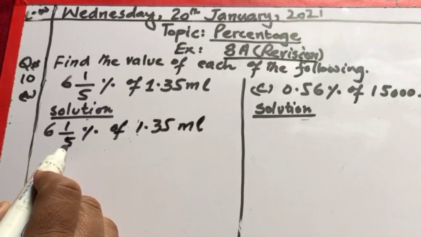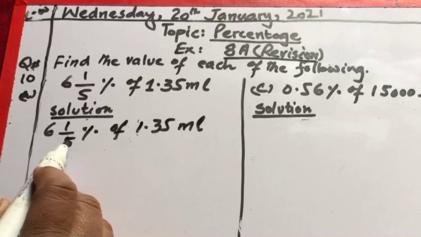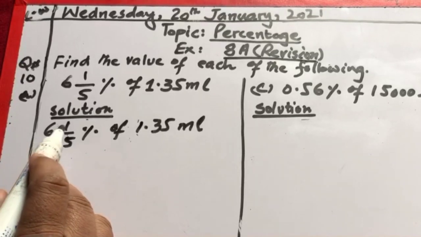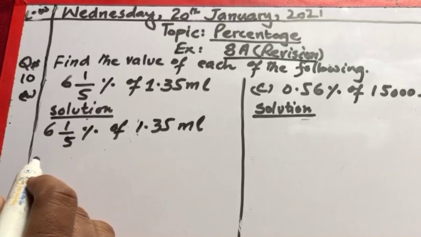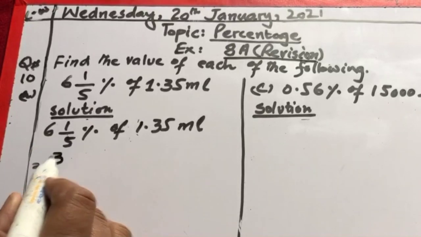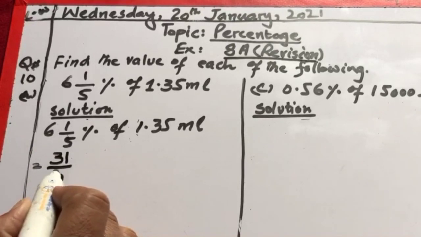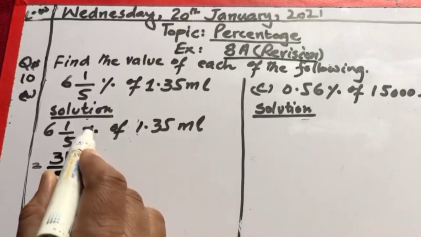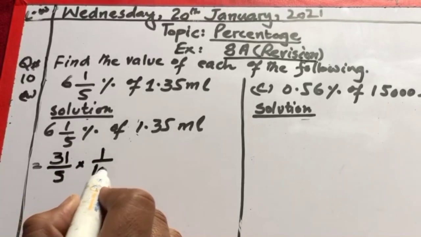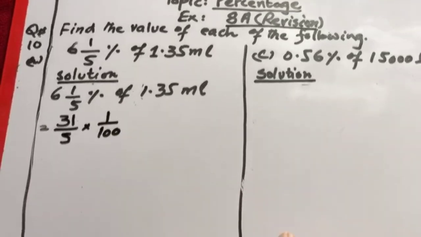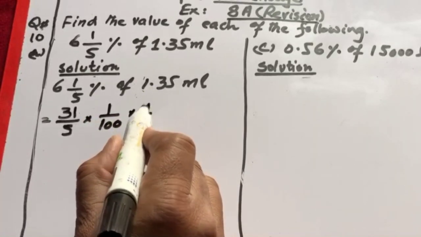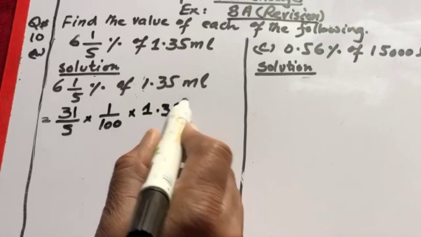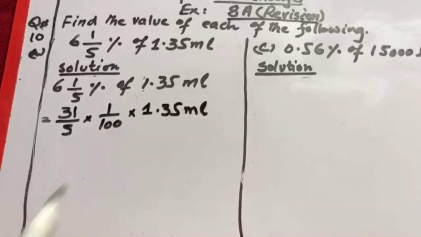So it becomes, we will multiply 5 by 6, so 5 sixes are 30, and we will add 1 to it, so it becomes 31 over 5, multiplied by percent, which means 1 over 100, and of means multiply, and the value is 1.35 milliliter.